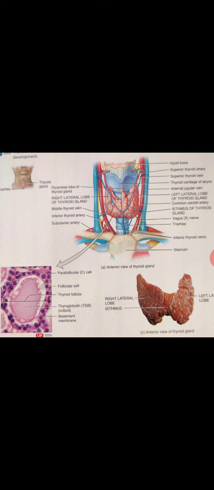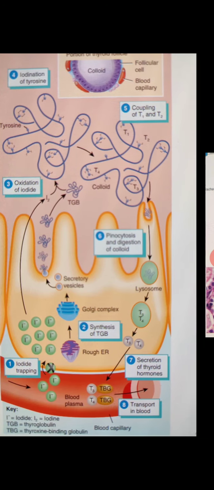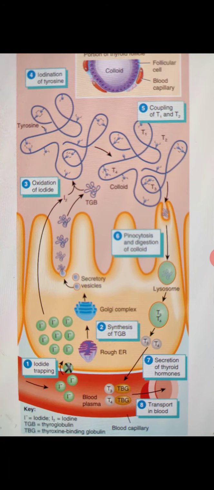सिंथेसिस एंड सिक्रीशन ऑफ T3 and T4 occurs as follows. We can see this diagram, and with the help of this diagram we will explain point by point, first that is the iodide trapping. You can see clearly at the lowermost bottom of the diagram.